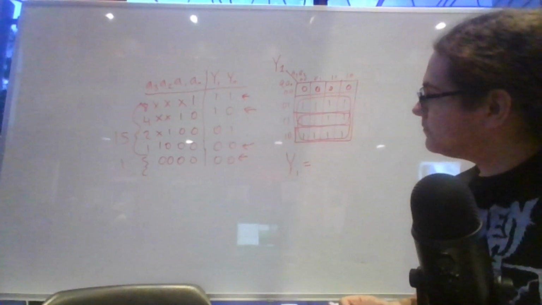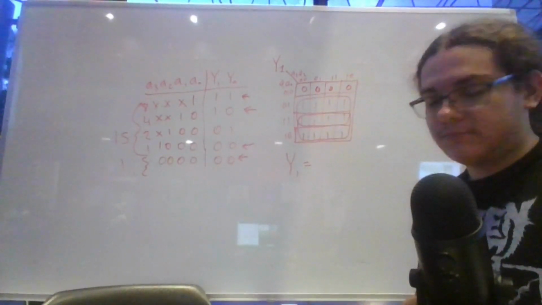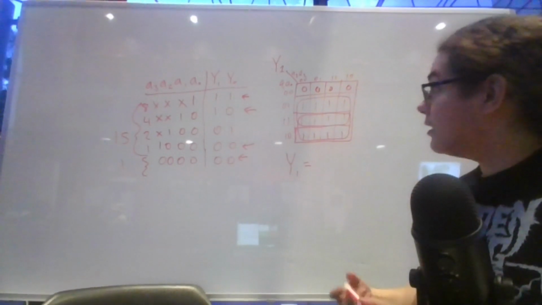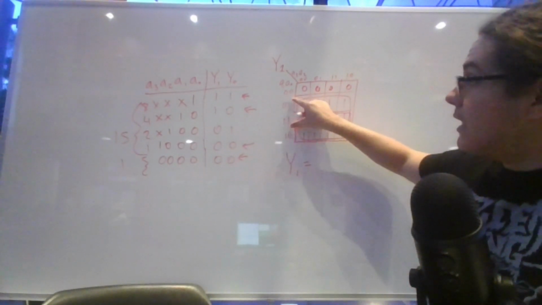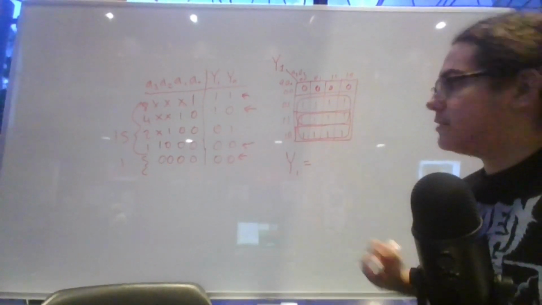What would I write for the term of that big box in the middle? A0? Yeah, you would write A0 because in these 2 rows, A0 is the same and A0 is 1. So I would write A0.